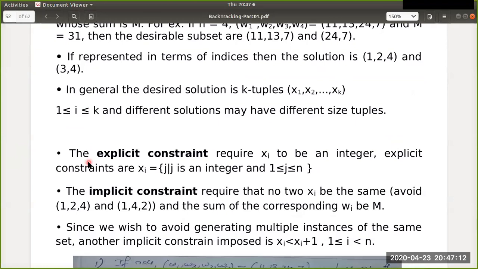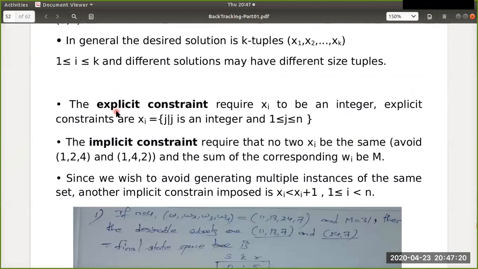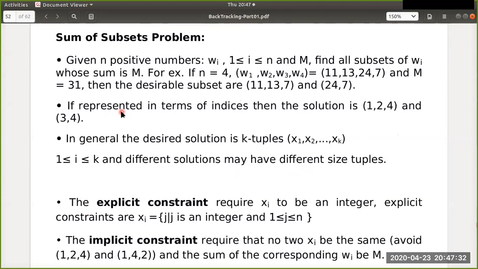In the same way as in the n-queens problem, we have explicit and implicit constraints here also. The explicit constraint requires xi to be an integer. So the explicit constraints may be the index tuples, or the binary values 1101 and 0011.